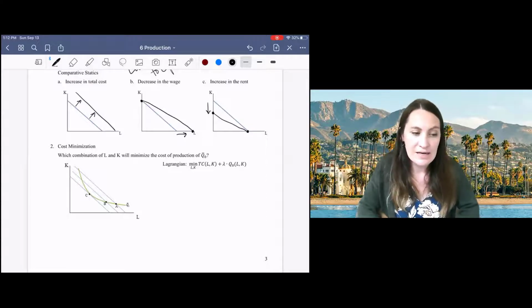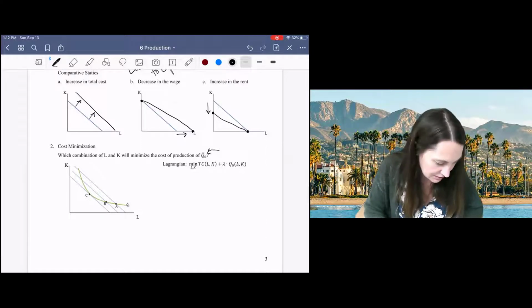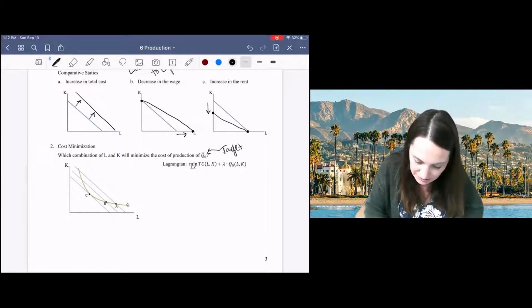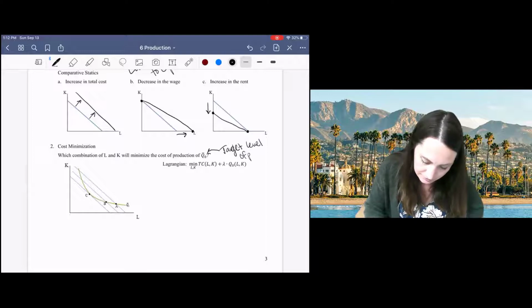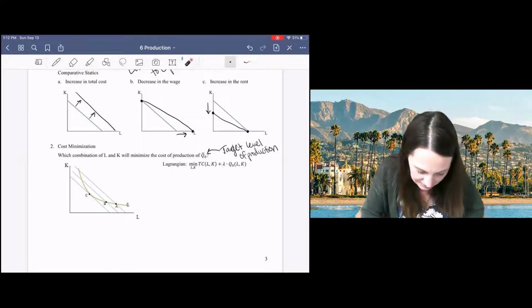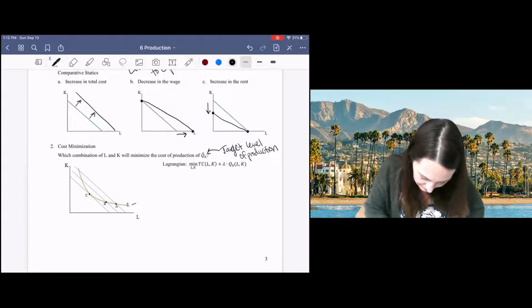And the way that we can conceptualize this is that we want to hold production constant. So we have some target level of production, and that is represented here by our isoquant, right? This is our target level of production.